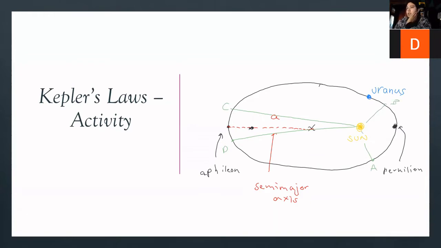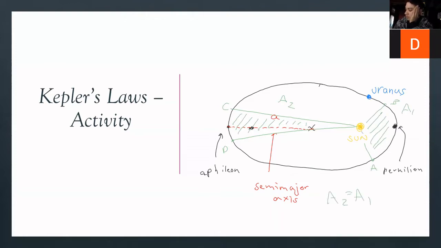If you remember in our discussion of Kepler's second law, the area of this triangle, which we'll label as A2, and the area of this triangle or cone is A1. They are equal to each other.